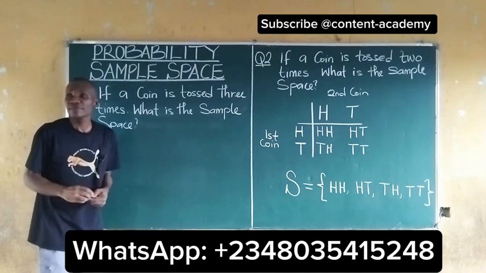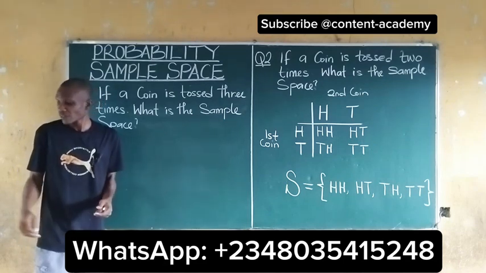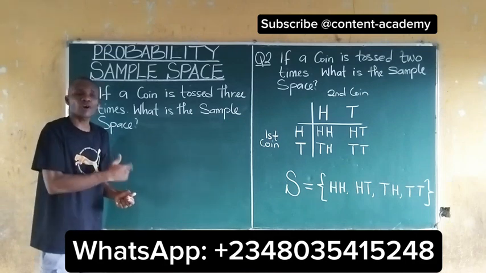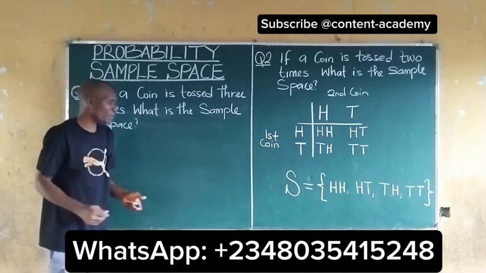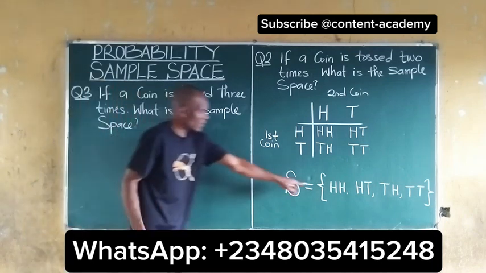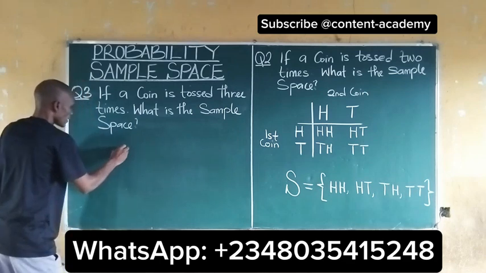So we have to find the sample space of a coin that is tossed 3 times. We are invariably teaching coin analysis because the coin has the head part and the tail part. Now, we have this to be 2 coins tossed. We'll write it out here.